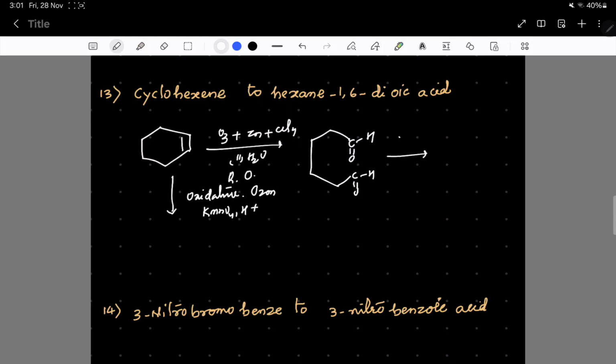Again we need further oxidation, and this will be converted into COOH. Or if you do the reaction directly by oxidative ozonolysis, you will get the same product, hexane-1,6-dioic acid, right?